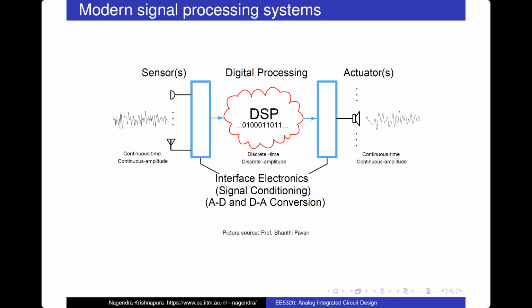So from the digital processing core, it has to take the signal, convert to analog and convert it to an audio signal, or let's say in case of a radio into radio frequency signals, right? Now these have continuous time and continuous amplitude, and in all these interface circuitry, you have analog circuits, right? You need analog circuits for all of them, and they're actually crucial parts of the system.